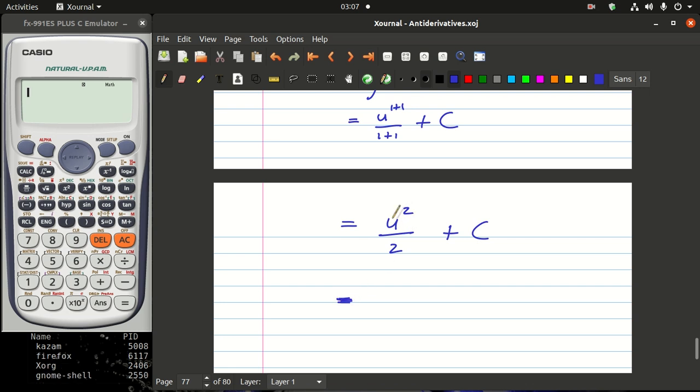You just need to replace this u by its value. You know that this u was actually the natural log of x, so it's going to be the natural log of x squared divided by 2 plus a constant c. That is what we wanted to find.